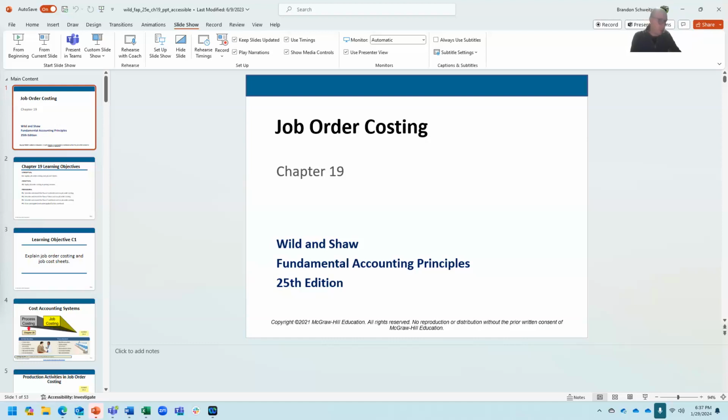I'd mentioned a few weeks ago that this course is a lot more straightforward than Principles of Accounting 1. The reason for that is because in managerial accounting, we're talking about the actual application of accounting in business. And so I try to make it so that you understand all of the concepts that go into it.